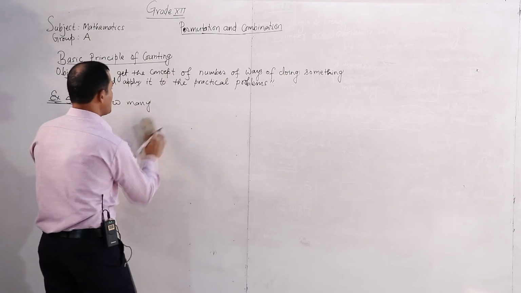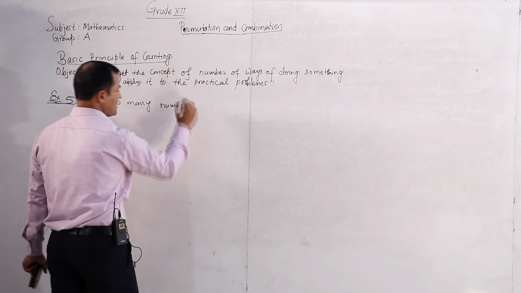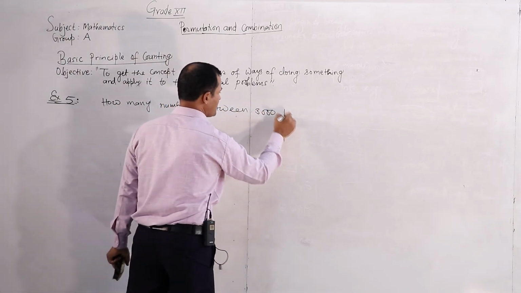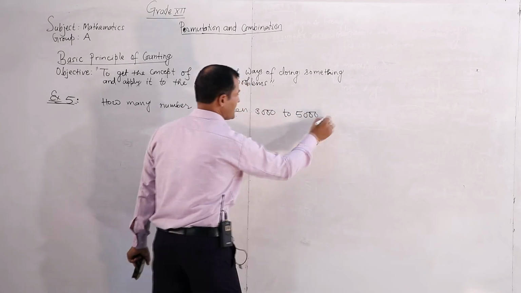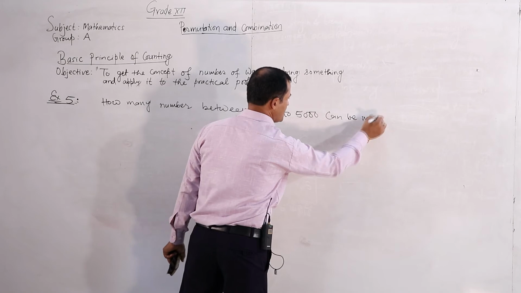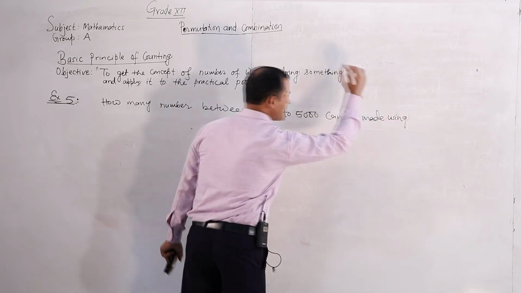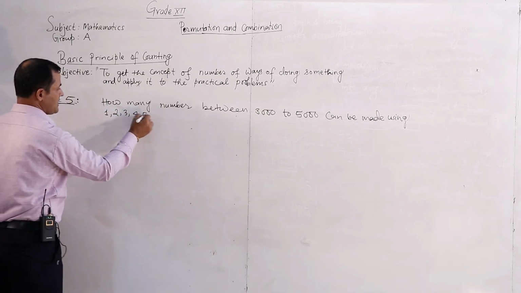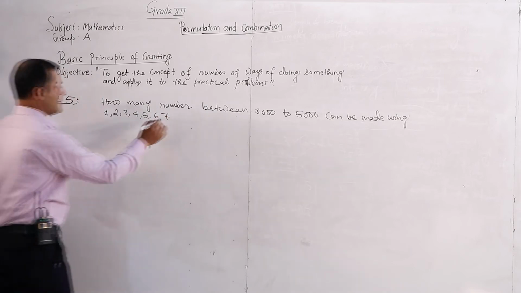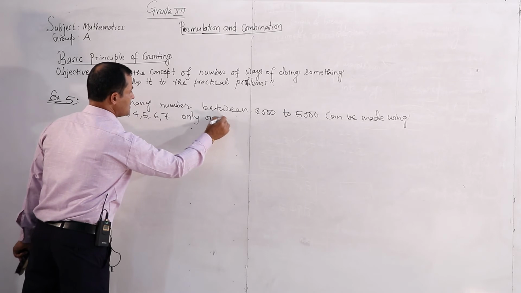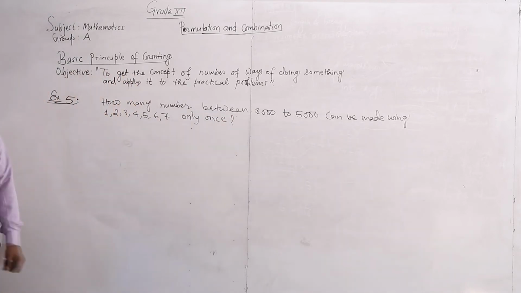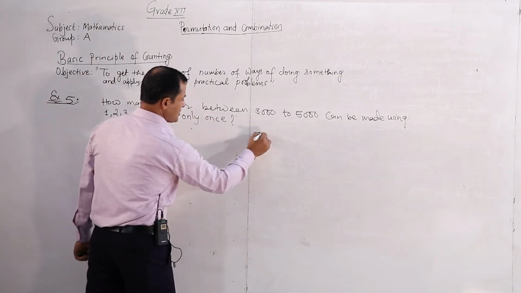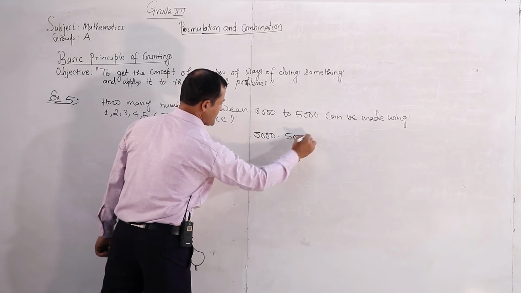How many numbers between 3,000 and 5,000 can be made using 1, 2, 3, 4, 5, 6, 7, let's say, only once? Let's do this. Between 3,000 and 5,000.